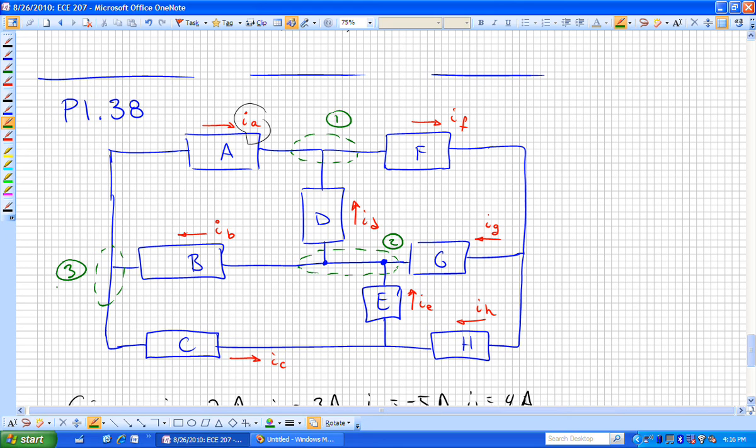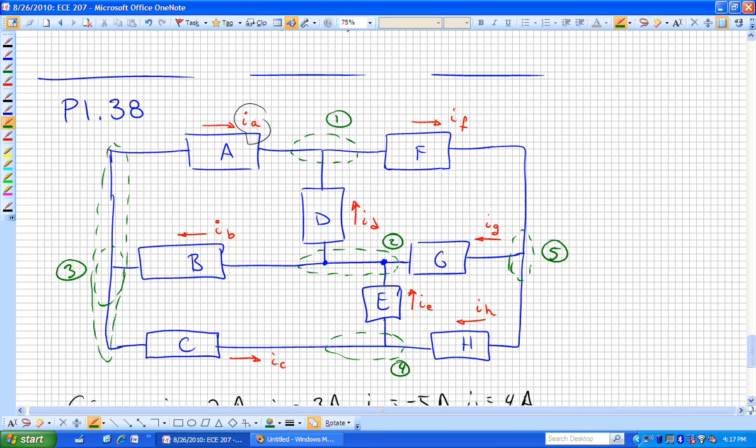We'll call that 3, and that node actually can be all this. I hope that's clear. Another node is here. Another node is here. And have I missed any nodes? Hopefully not. Let's start with node number 1.